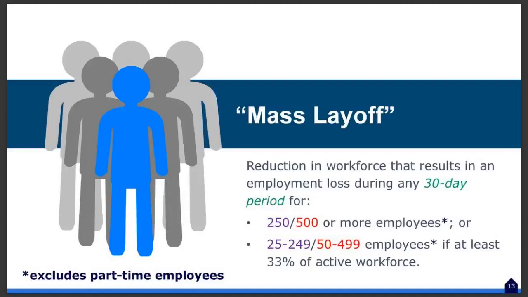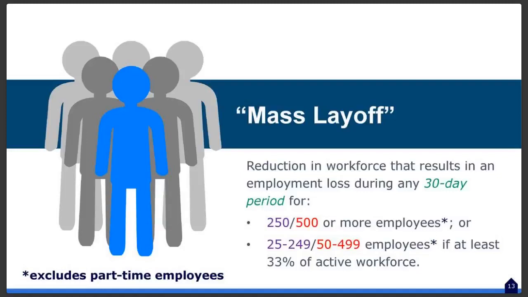So there is a flat threshold of 250 employees suffering employment loss under state law or 500 under federal law. If you reach that threshold, and again, this excludes part-time employees, then there is a mass layoff and notices would need to be given, barring some other exceptional circumstances, some of which we will get into.